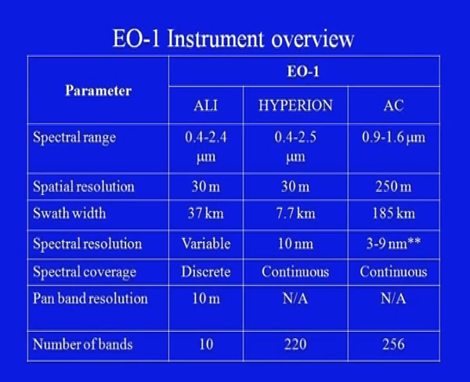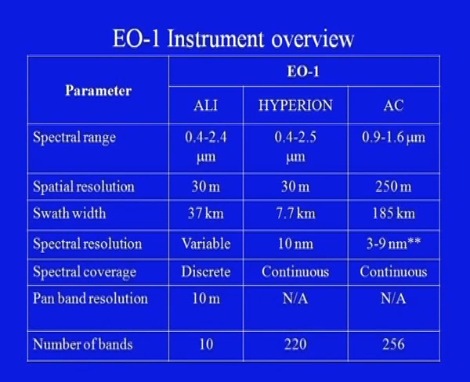EO1 has, as I have said, 3 instruments: ALI, Hyperion and LAC. The spectral range of ALI is between 0.4 to 2.4 micrometers, whereas for Hyperion it is 0.4 to 2.5 micrometers, and for LAC it is between 0.9 to 1.6 micrometers.